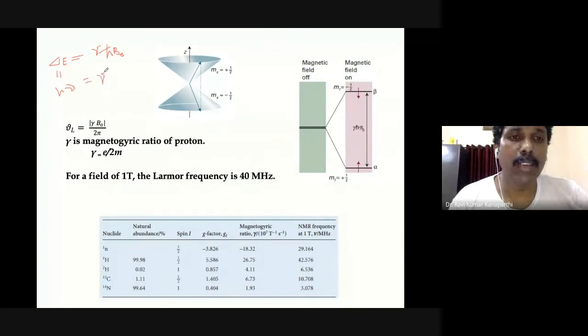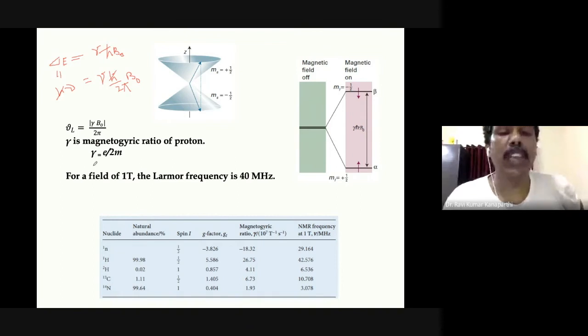So gamma, h cross written as h by 2 pi, and then B0. This h and this h cancel out, and you have nu is equal to gamma B0 by 2 pi. This frequency has a special notation, nu L. L stands for Larmor frequency.